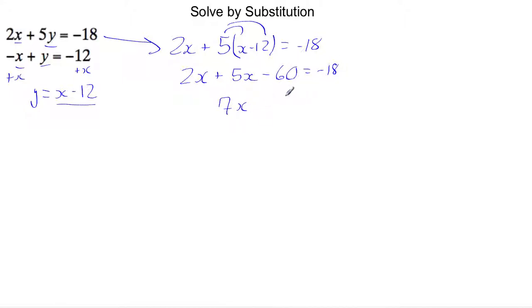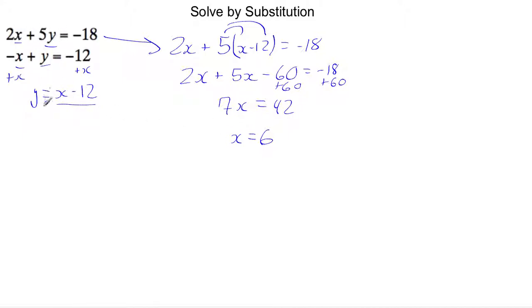I can add the 60 to both sides. So if I add 60 and add 60, this is really the same as 60 minus 18. So that's going to be 42. If I divide 7 on both sides, I get that x is equal to 6. I can take this x and I can plug it back into anything.